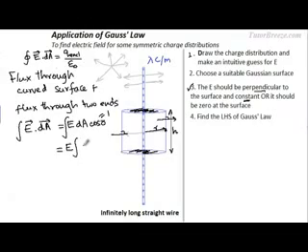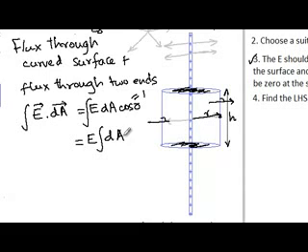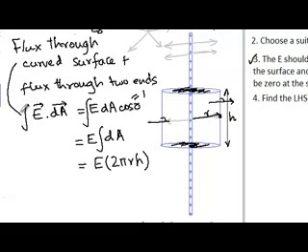So what remains is simply integral of dA, which is the total surface area. And in this case, that would be the curved surface area. So this is E times 2 pi r h, the curved surface area of a cylinder. Now this is the flux through the curved surface.